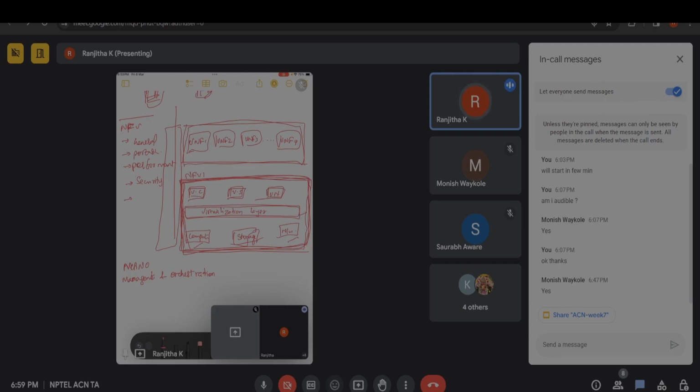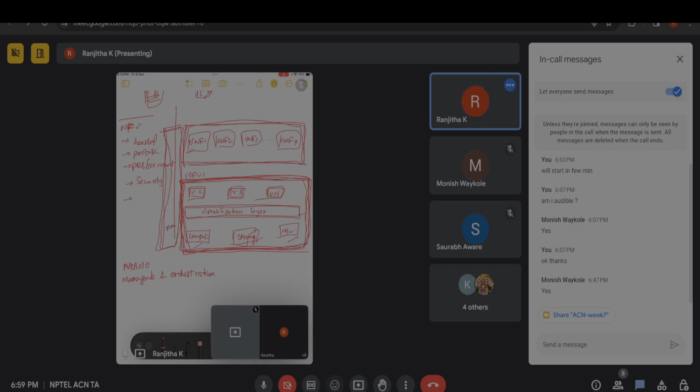On this infrastructure, the network functions will be running, and to configure and orchestrate the functions, we have another component, management and orchestration, MANO.